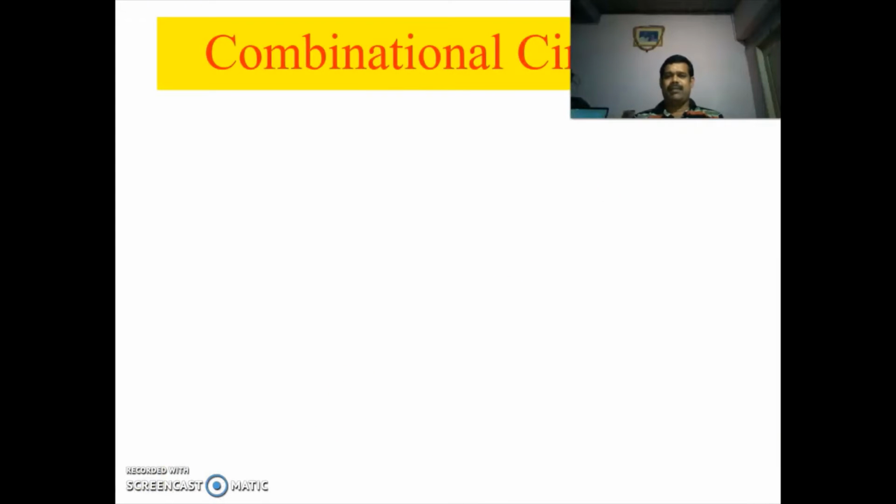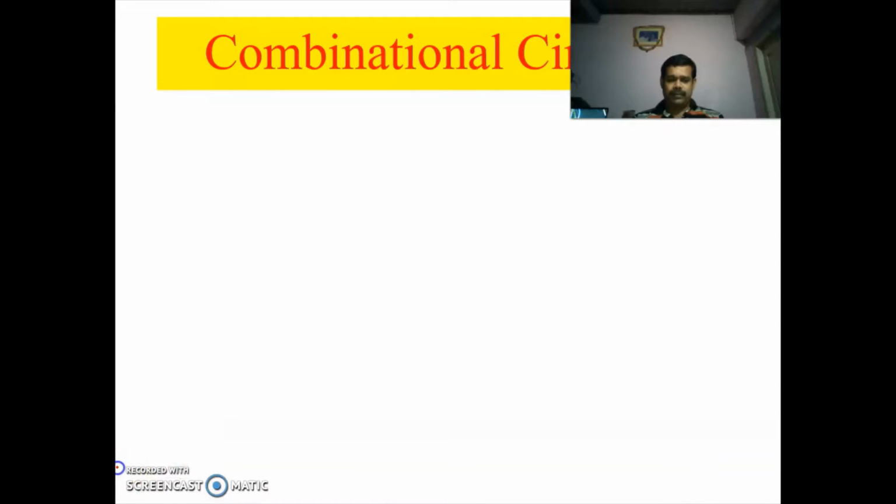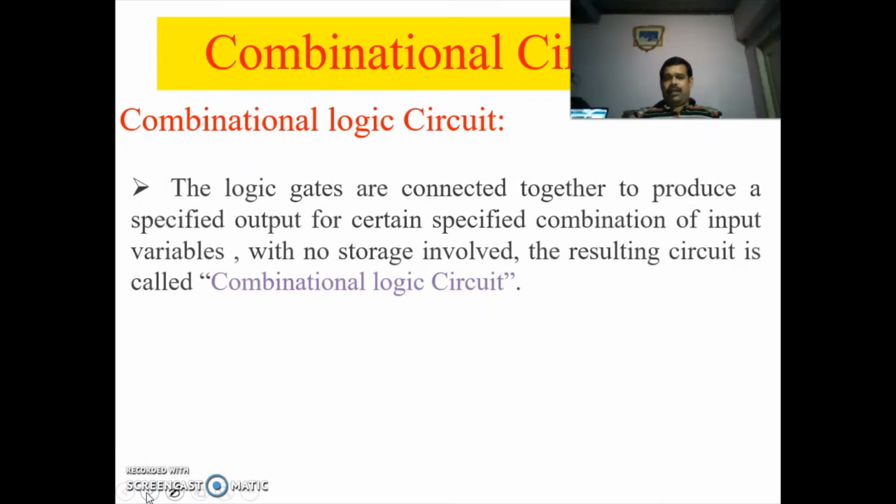Now we will see what combinational circuits are. In combinational logic circuits, the logic gates are connected together to produce a specified output. In order to get a specified output, we connect the logic gates for a specified combination of input variables with no storage.